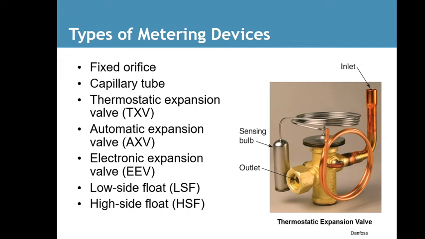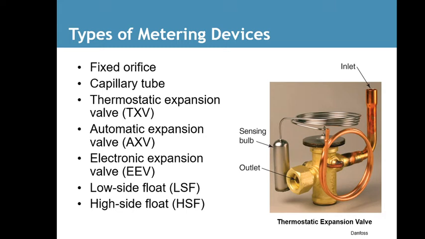Types of metering devices. Here we go. Fixed orifice, capillary tubes, TXVs or thermal expansion valves, AXV or automatic expansion valves, EEV or electronic expansion valves, low side flow and high side flow.